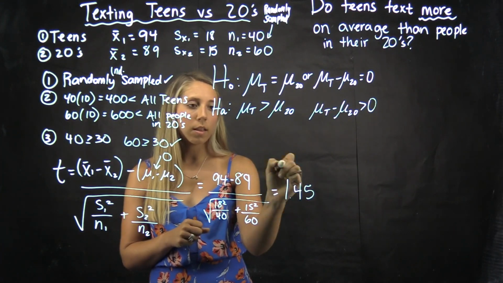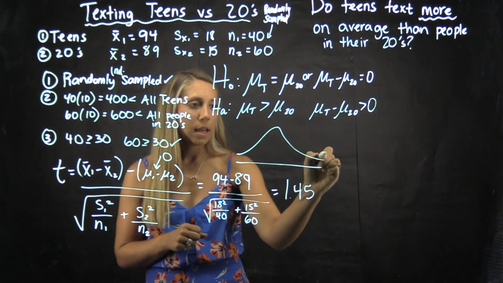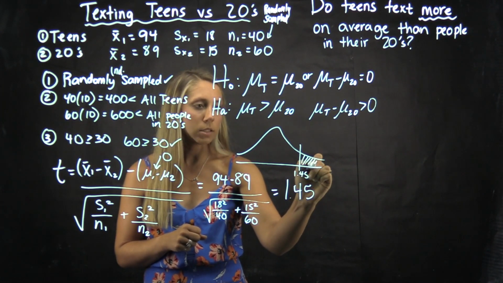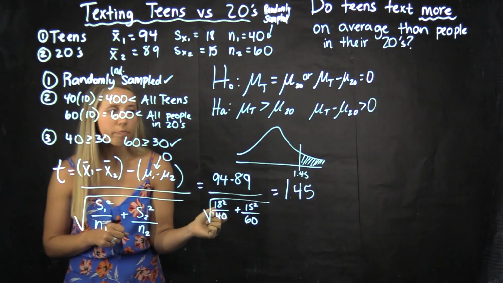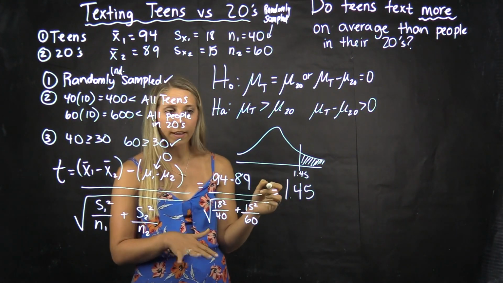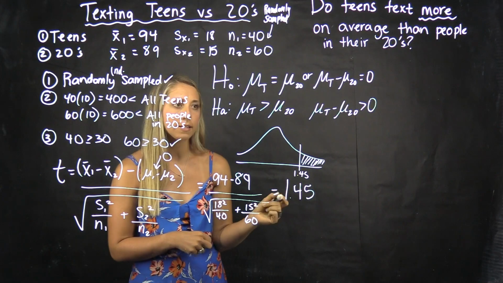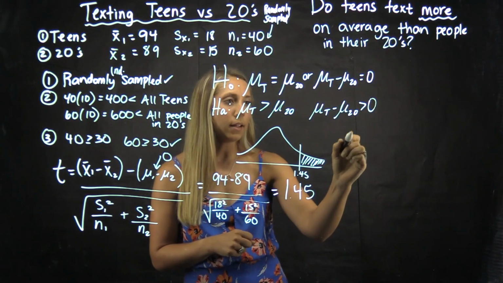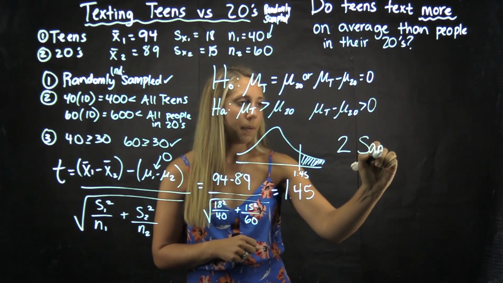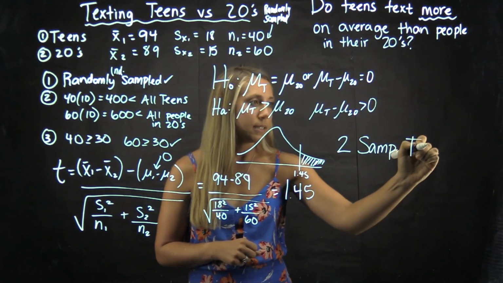And so if I were to draw a little picture of this, I have 1.45, and I color in more extreme than that. That's what my picture looks like. And from there, if I looked up that p-value, we could find that as well. If you were using a calculator, keep in mind you would use 2SampTTest.